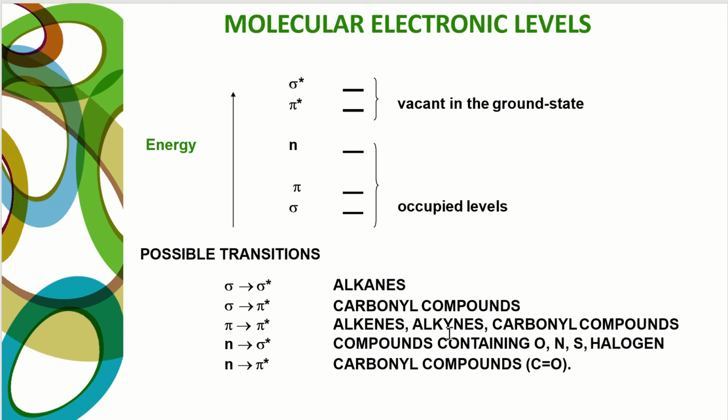And then for your alkenes, your alkynes, and carbonyls, again, you can have pi to pi star transitions. And then for compounds containing non-bonding electrons, such as oxygen, nitrogen, sulfur, or halogens, you can have n to sigma star, as all of these being possible transitions for these types of compounds.